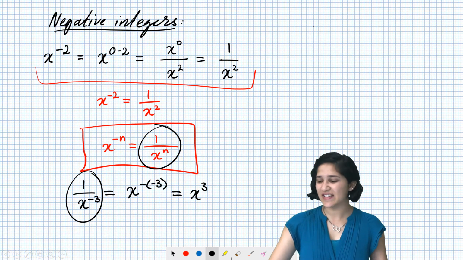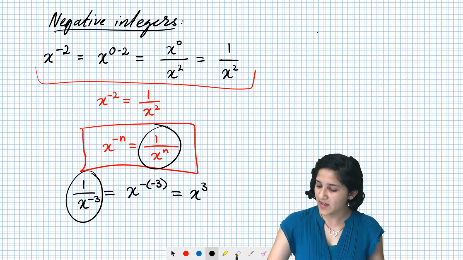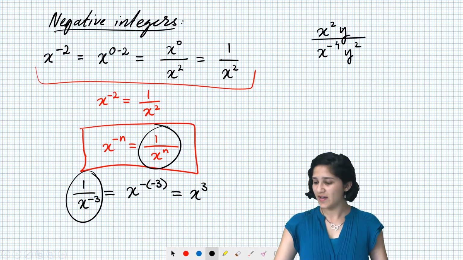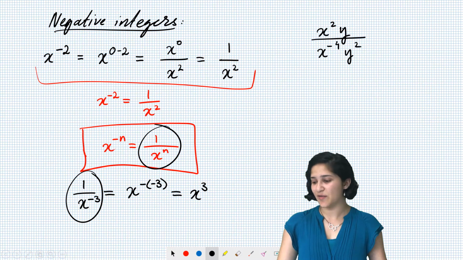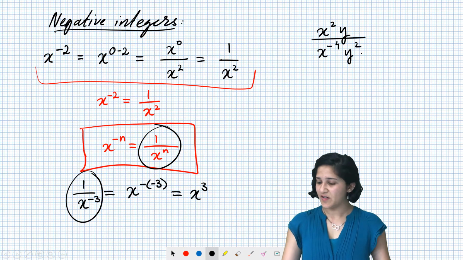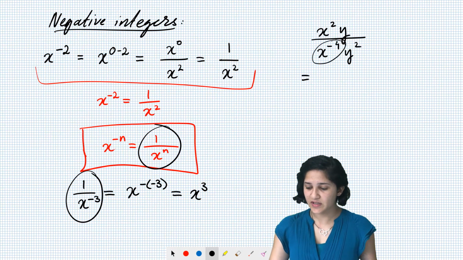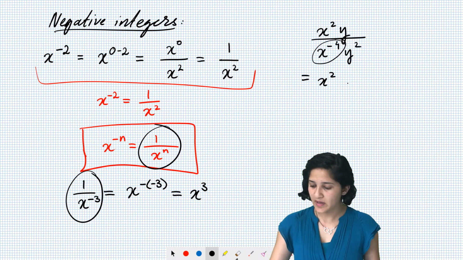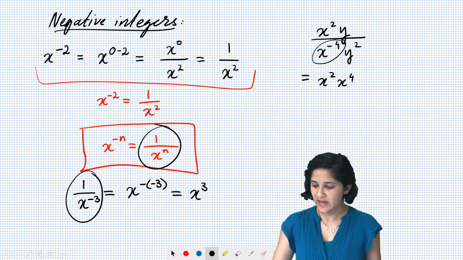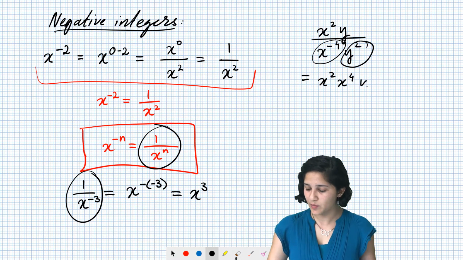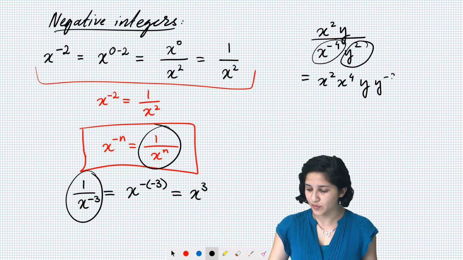So in practice, let's say we had something like x squared y, x over x to the negative 4 y squared. Alright, so we can simplify this by saying, okay, if I bring this to the top, it will become x to the 4. And if I bring this to the top, it will become y to the negative 2.